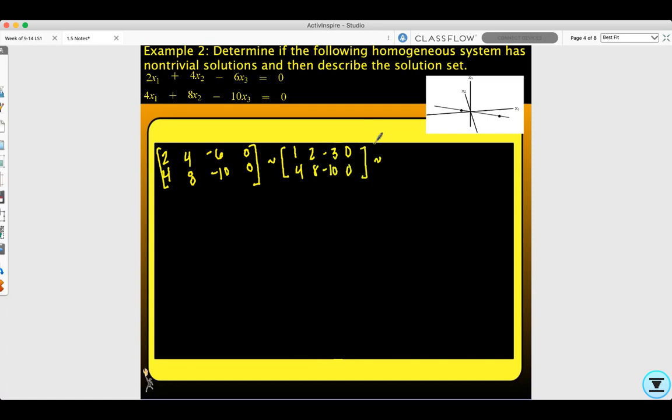Then I can take -4 times row 1 and add it to row 2 to eliminate that 4 below. So I'm not doing anything to row 1. I'm taking -4 row 1 and adding it to the row below, and I'd get 0, 0, 2, 0.